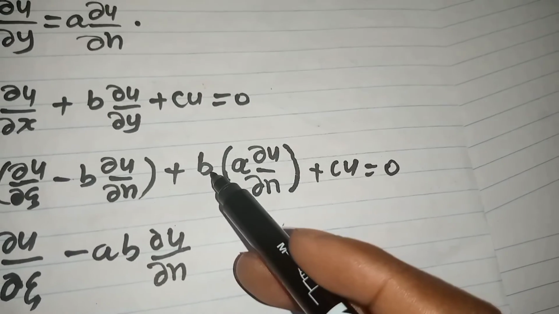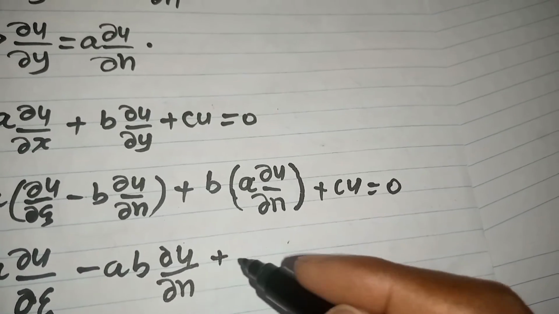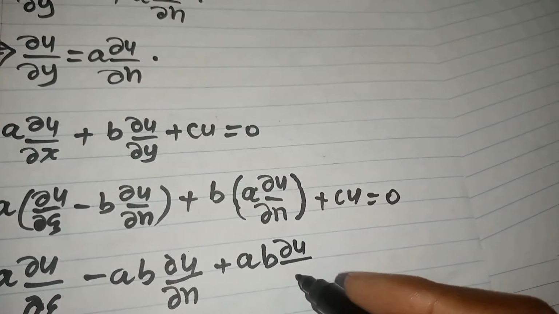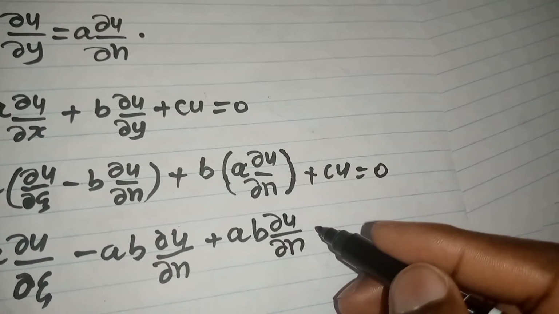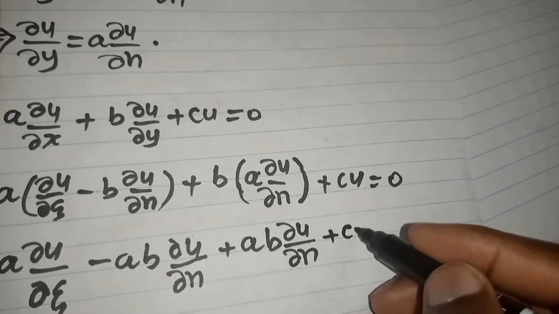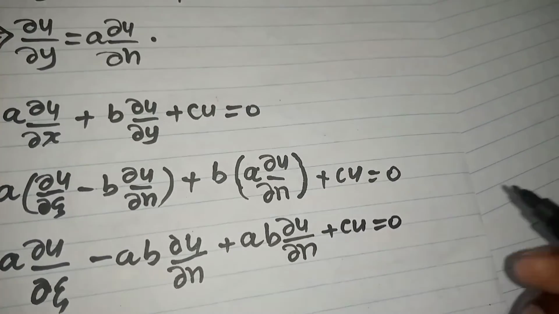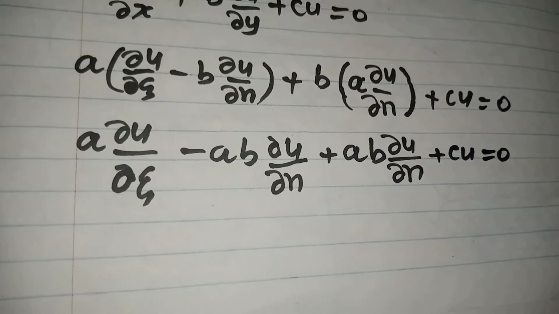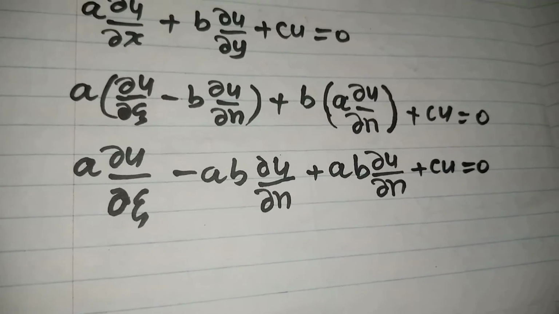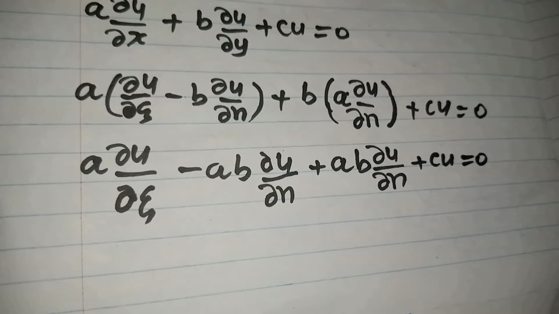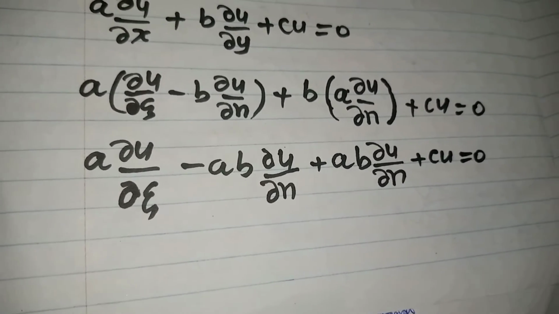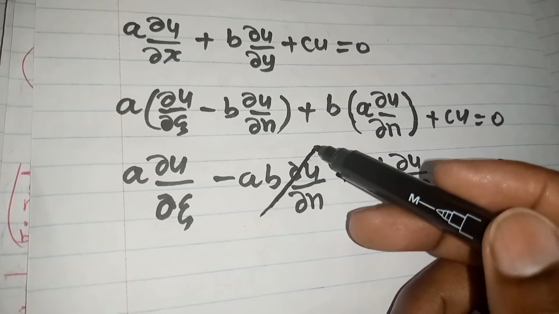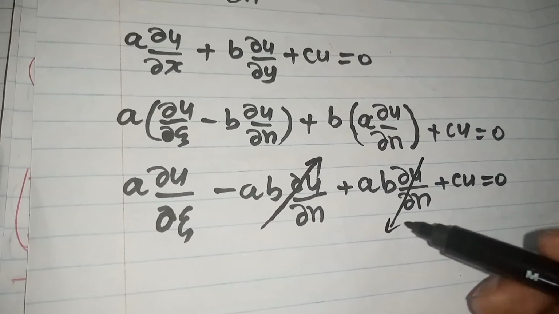A times b will be plus ab partial u with respect to nu. Then of course plus cu is equal to 0. Some terms will cancel here. Negative ab partial u with respect to nu and positive ab partial u with respect to nu, those two terms will cancel.